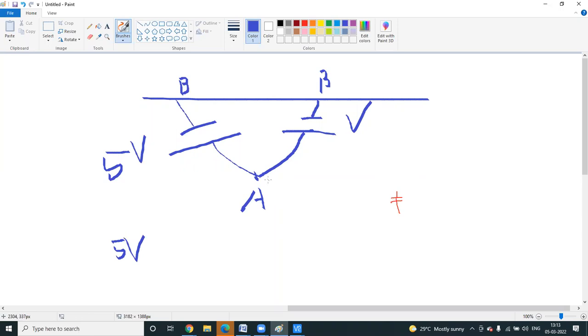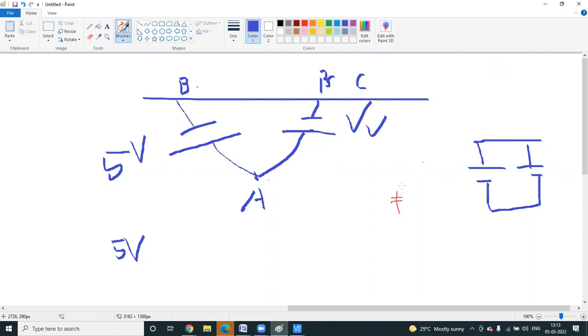Can you tell what the voltage is from A to C? Same voltage. Why? Because both are in parallel. Always remember, in parallel the voltage will be the same. Understand, or any doubt here?